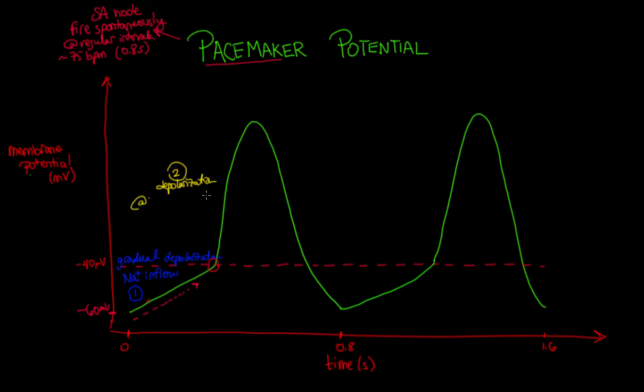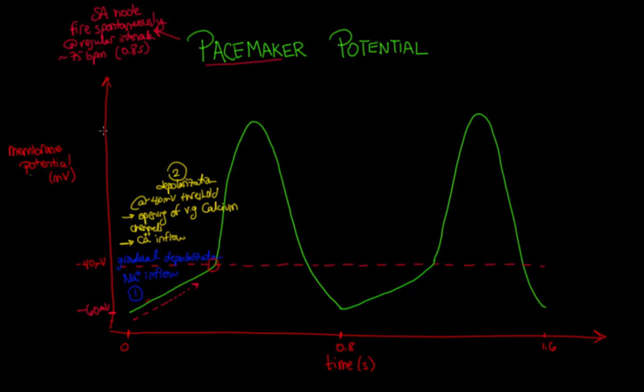So at -40 millivolts, this is threshold, resulting in the opening of voltage-gated calcium channels, and calcium will flow in. Calcium is positively charged, so obviously this inflow of calcium is going to result in this upward deflection or depolarization.